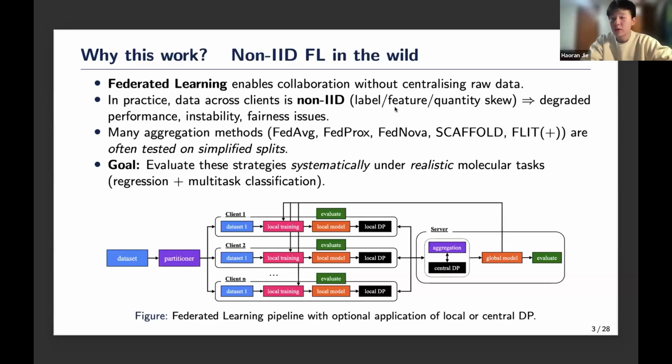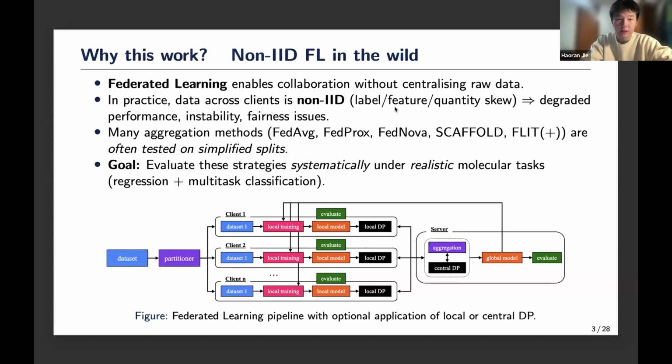In my specific context of molecular machine learning, this non-IIDness could appear in different forms, such as some labs specializing in small molecules, others in large compounds. Some assays record positive results, others mainly negative. So the label distribution, feature distribution, and quantity of data differ between institutions.